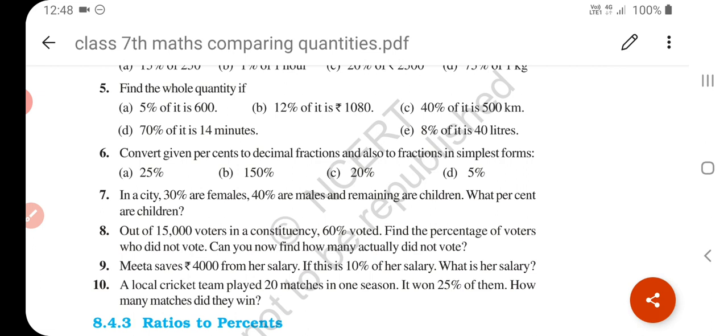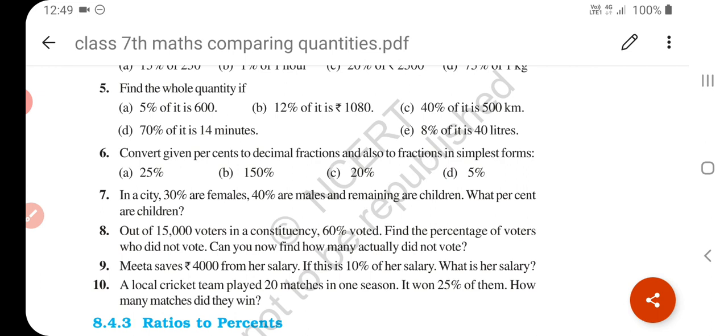So we have to find. It's given in a city 30% are female, 40% are male and the remaining are children. If we take total 100%, females are 30% and males are 40%.